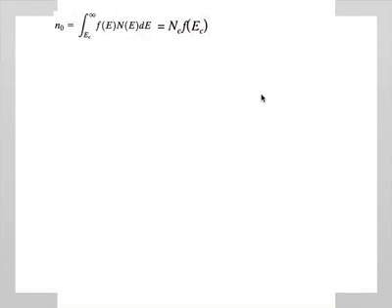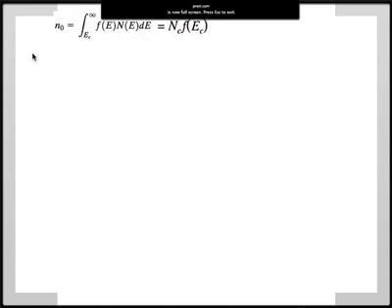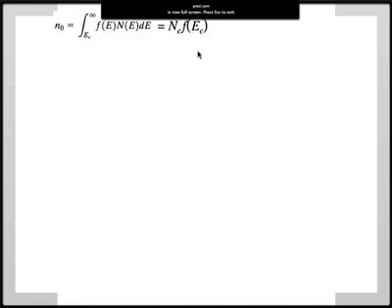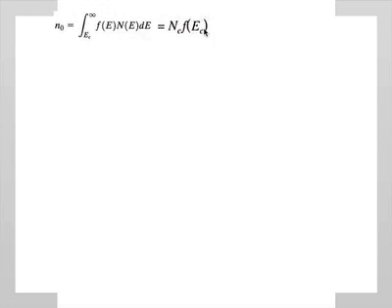Now, let's look at some approximations to get some intuition out of this math. Going back to the equation, the electron concentration at steady state is given by the integral. We can write this integral as a simple product of some constant NC, multiplied by f of EC, where f is the Fermi-Dirac function at the bottom of the conduction band, EC.